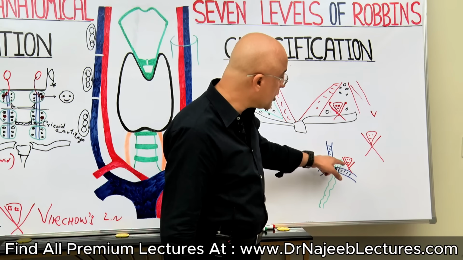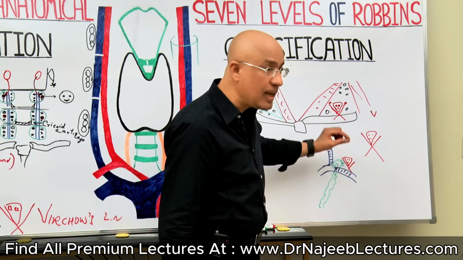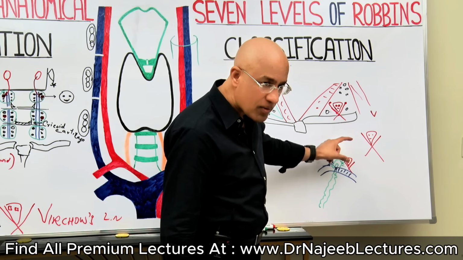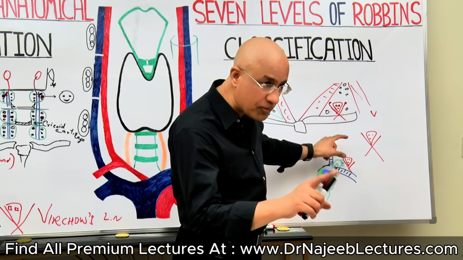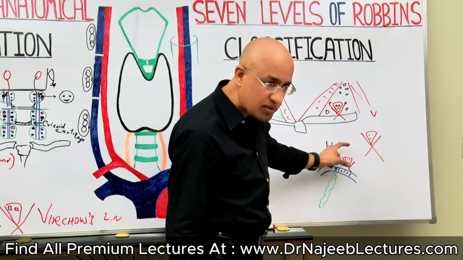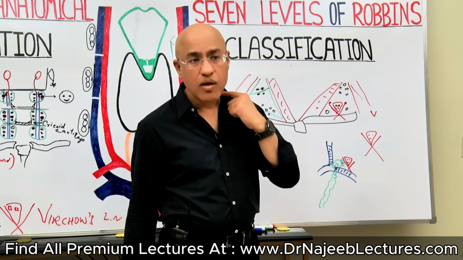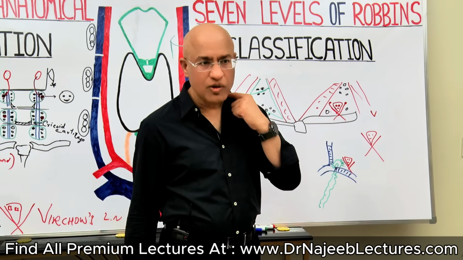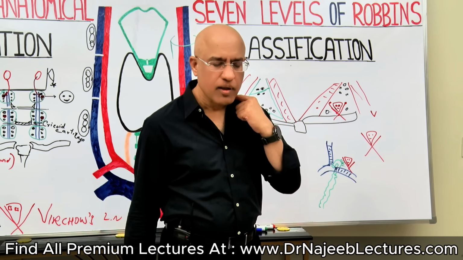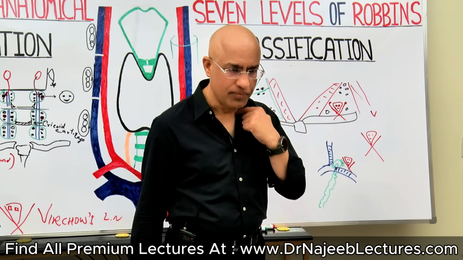And when Virchow lymph node is enlarged with the metastasis, it is usually large, painless, non-tender, firm or hard, and fixed.